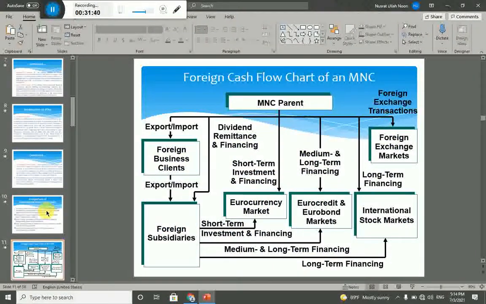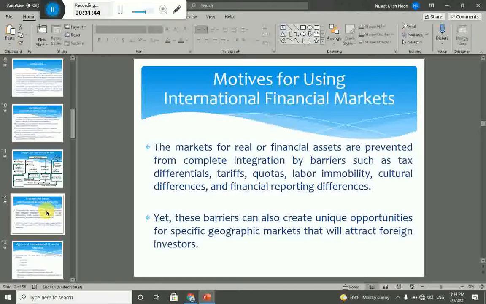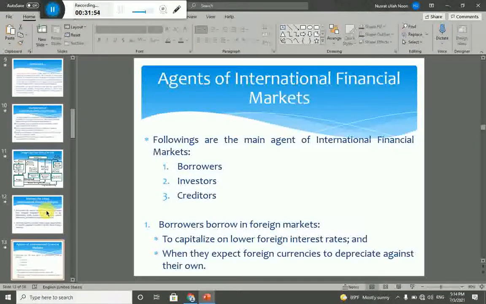Similarly, we discussed the flow chart of the multinational corporations, and then we discussed why the participants are motivated to use international financial markets. And then we discussed who the participants or agents are. So there were 3 types of people: borrowers, investors, and creditors, and they differ from one another based on the purpose of their use of the financial market.